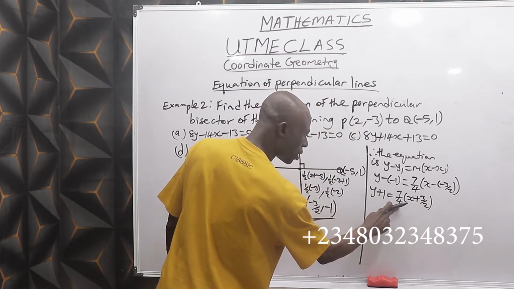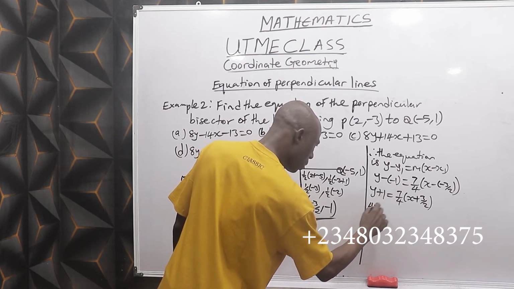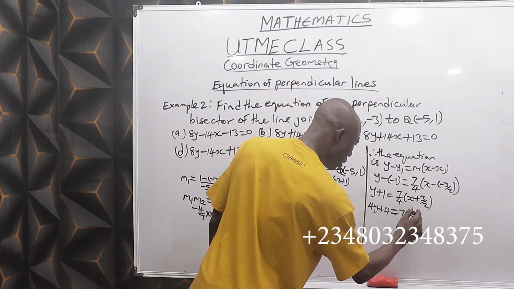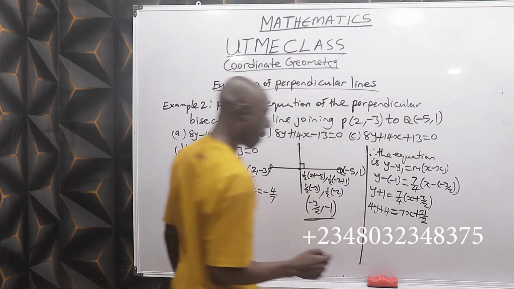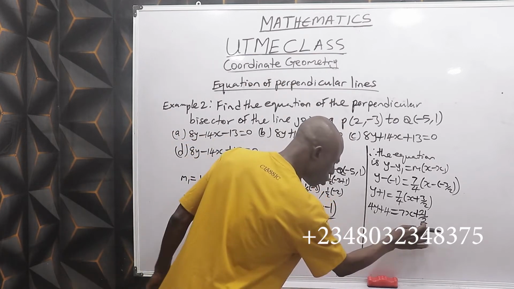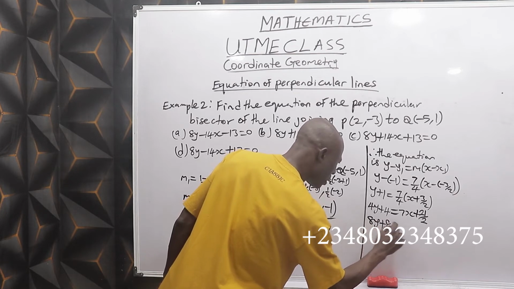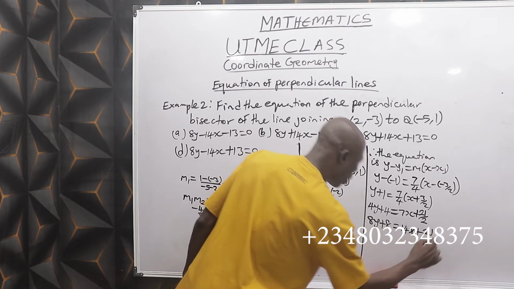Clearing the fraction using 4, it will give us 4y plus 4 equals 7x plus 21/2. Clearing the equation again using the 2, we have 8y plus 8 equals 14x plus 21.